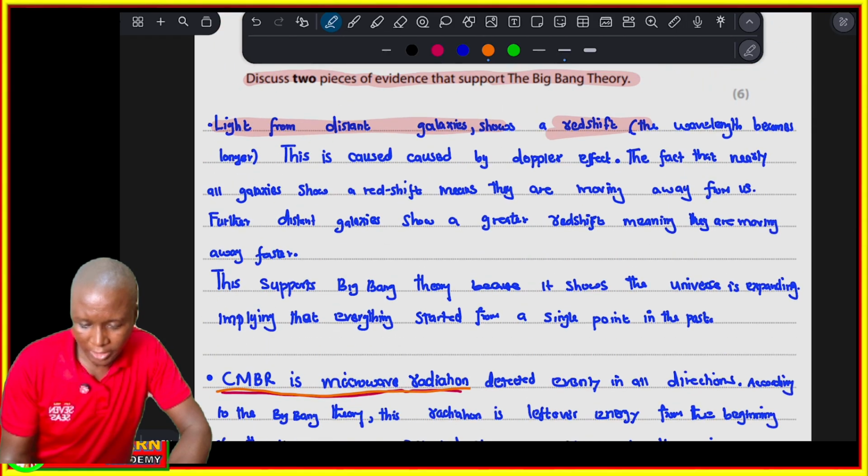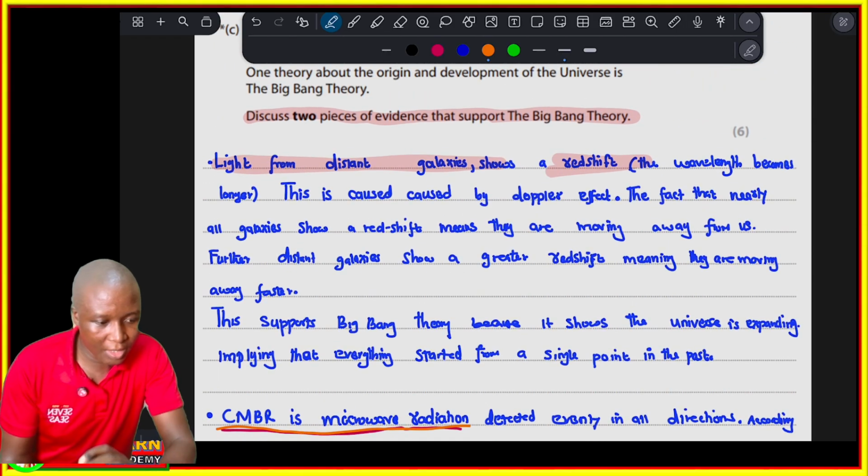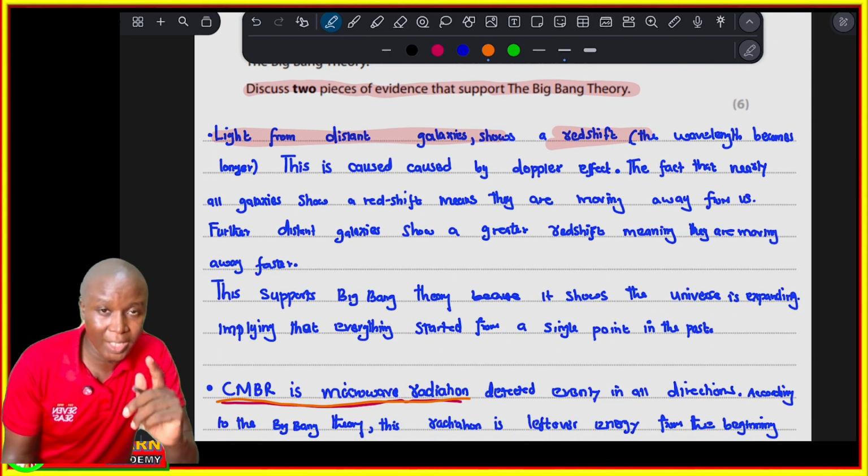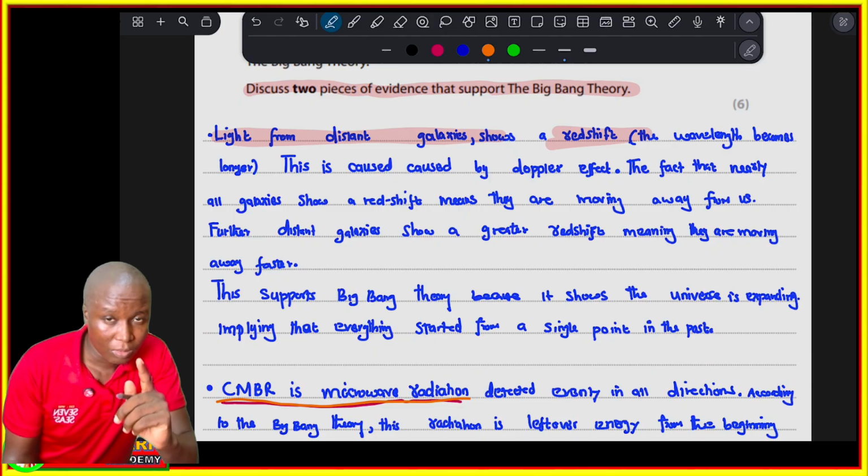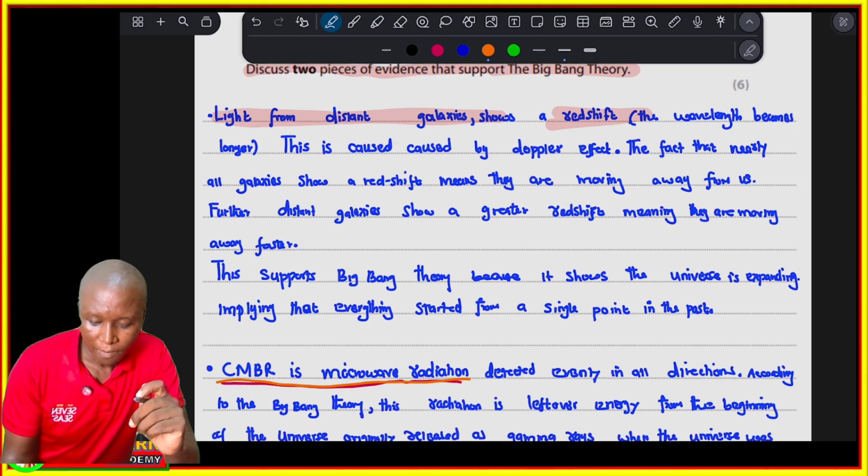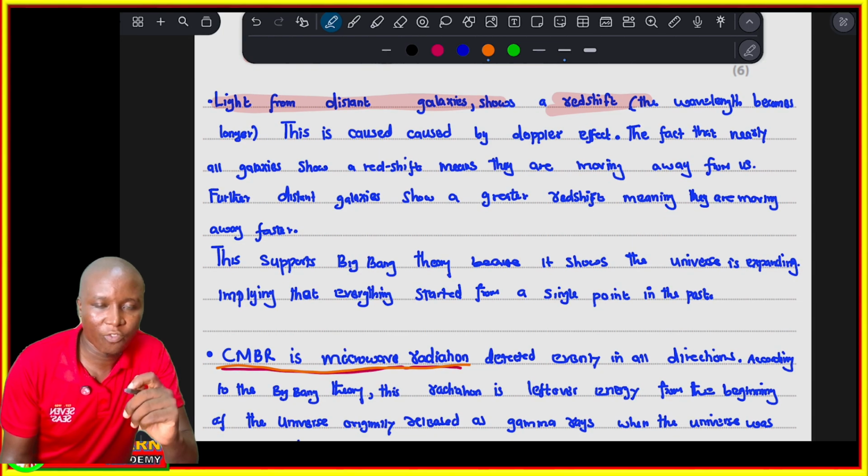So in this particular evidence, you have to look at the stretched wavelength, redshift, and also the presence of microwave background radiation.